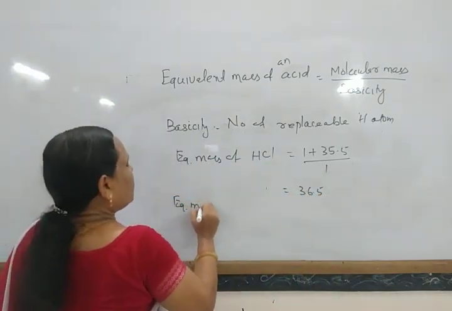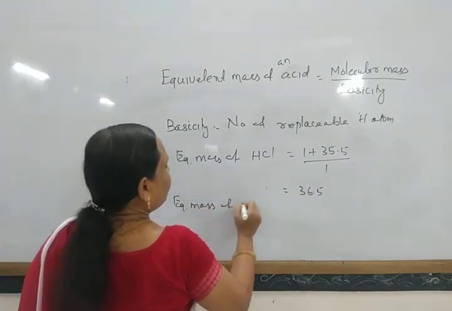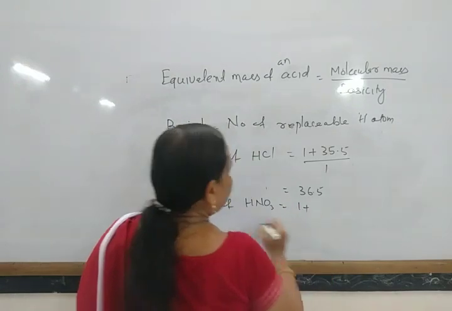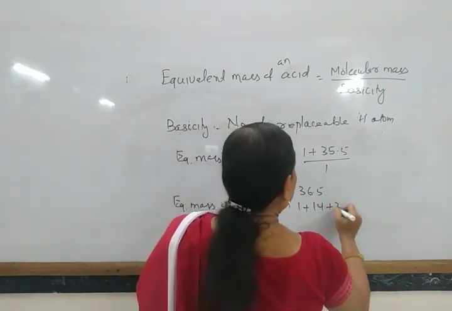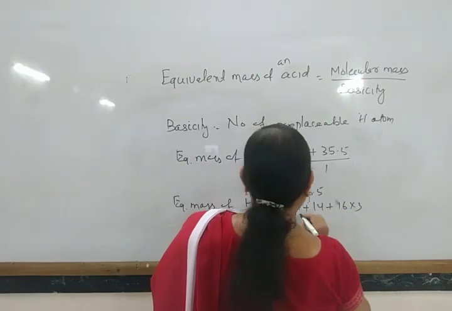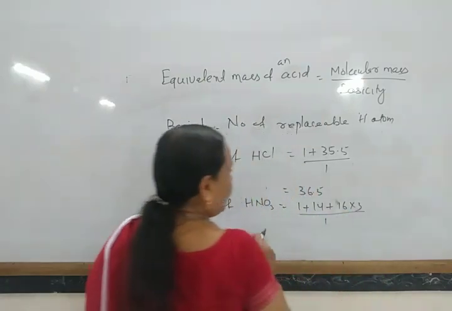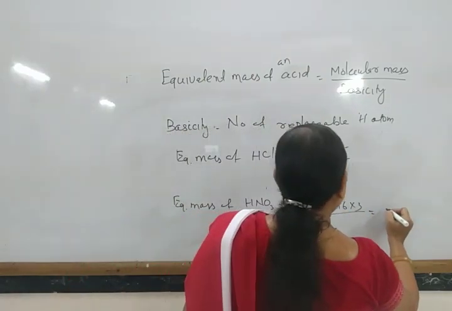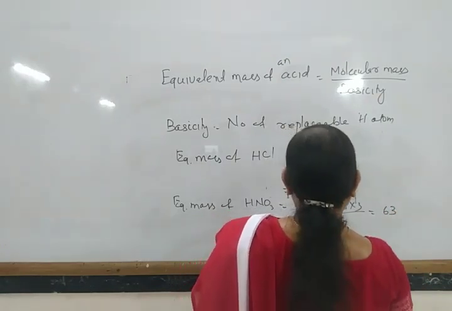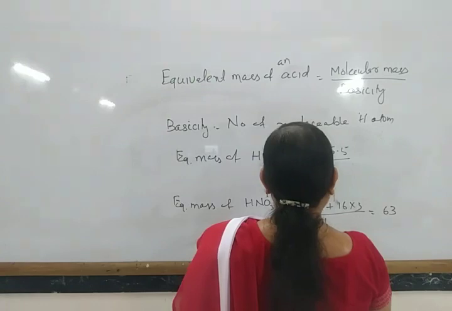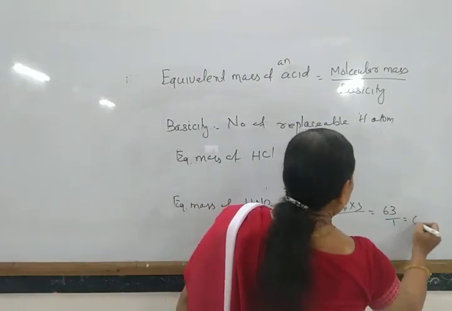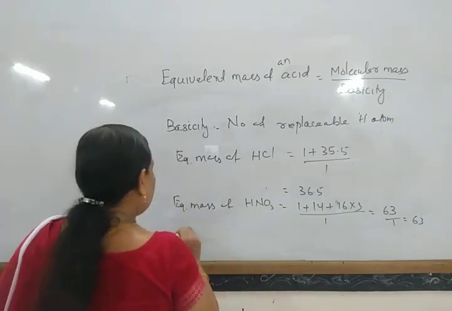Similarly, equivalent mass of HNO3: 1 plus 14 plus 16 into 3, divided by 1, that is equal to 63 by 1, that is equal to 63.